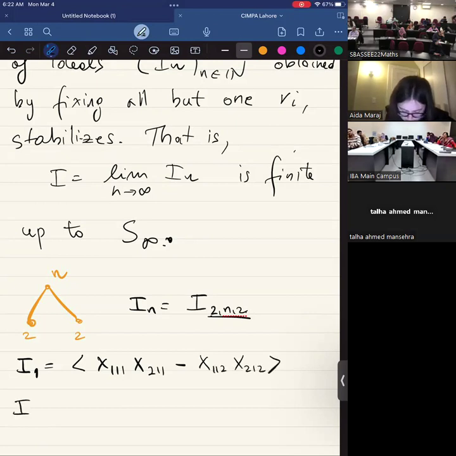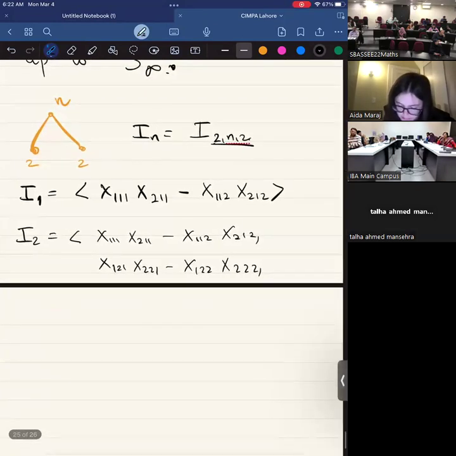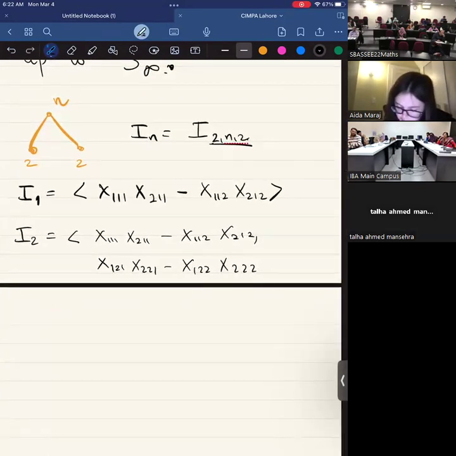And I2 is x_{1,1,1} x_{2,1,1} minus x_{1,1,2} x_{2,1,2}, and then it adds x_{1,2,1} x_{2,2,1} minus x_{1,2,2} x_{2,2,2}. And so on. It continues like this. So we have the chain is this one.